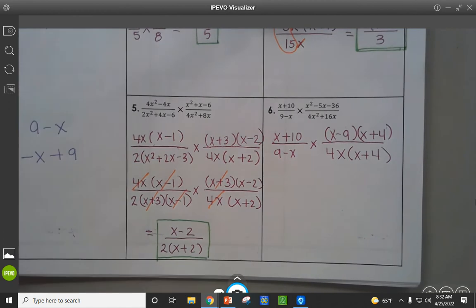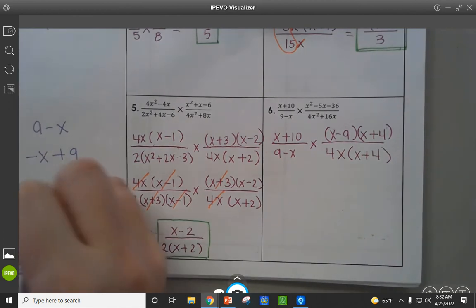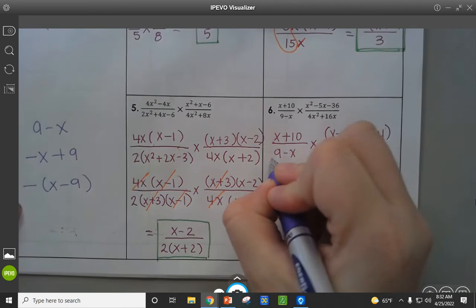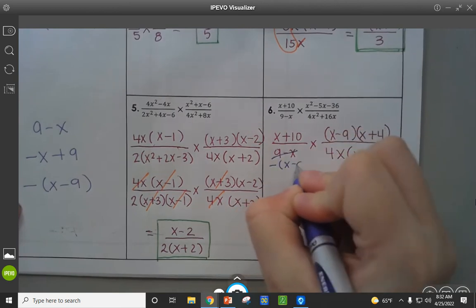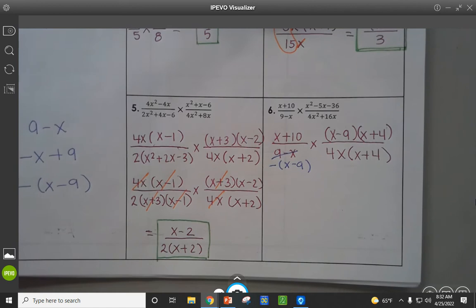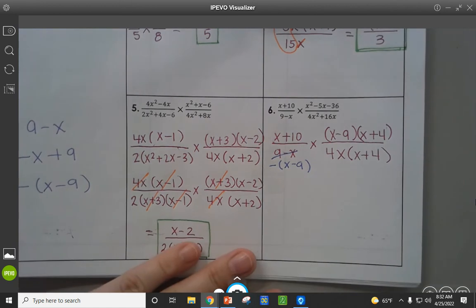Just switching the order, which is the same as having negative x minus 9. Any questions so far?